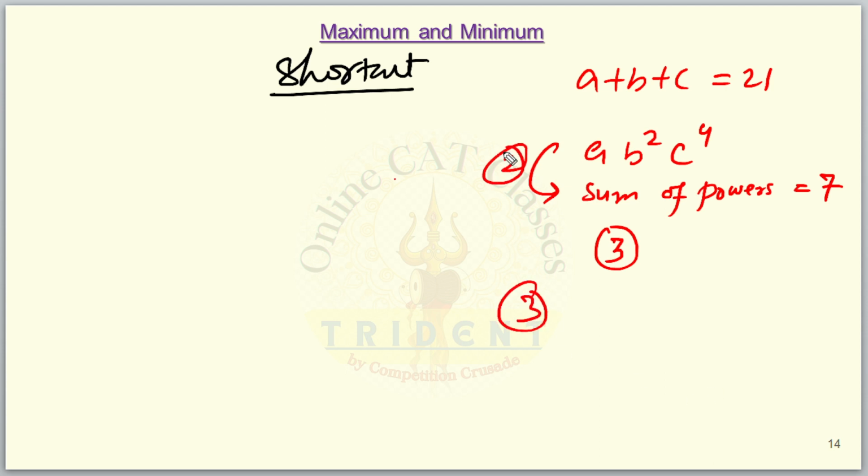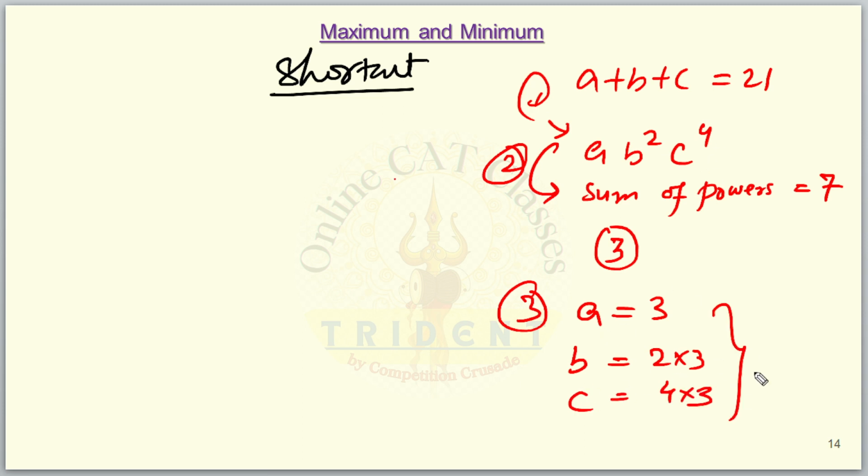So this is the second step. First step is obviously to understand what is given. We can directly now write a is equal to 3. B will be, please remember, 2 into 3. C will be 4 into 3. So a, b and c you have got.